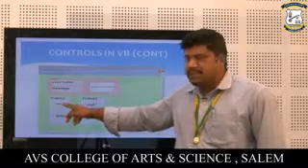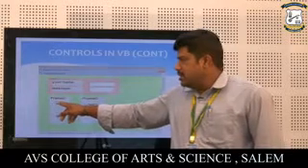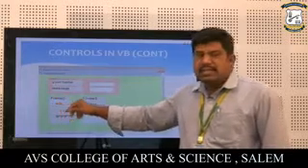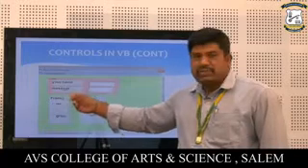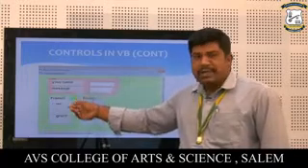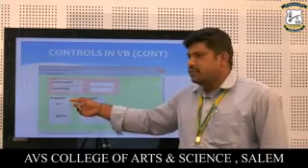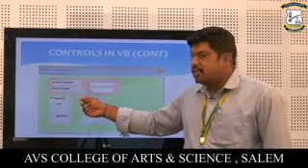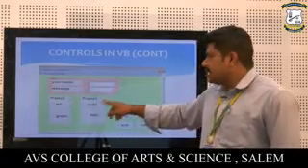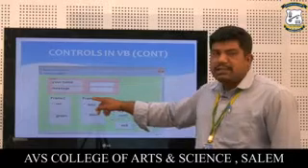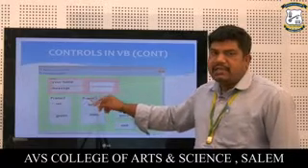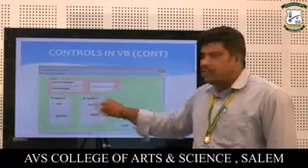This is called the option button, which is shown as a circle. If we want to choose either red or green, we choose the option and click it. This is the check box. We click it and it presents the tick mark that we want to apply.